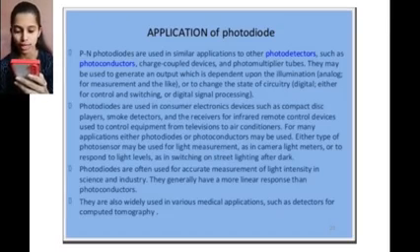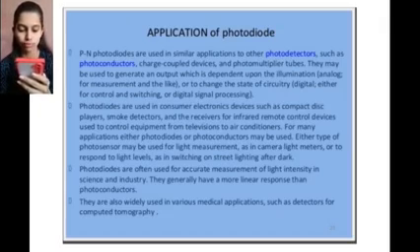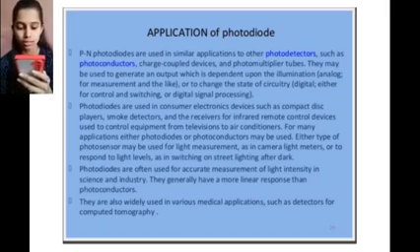Applications of photodiode: PN junction photodiodes are used in similar applications to other photodetectors such as photoconductors, charge coupled devices, and photomultiplier tubes.